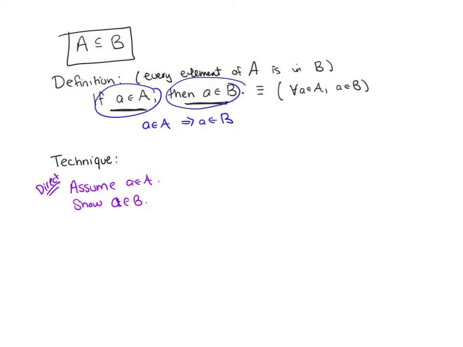I could also do a contrapositive proof of that if-then. So instead, I could assume that a is not in B and go ahead and show why a can't be in A. So because this is just an if-then statement, I can either do that direct proof or that contrapositive proof. So we just have to make sure we're always thinking about this subset as an if-then.